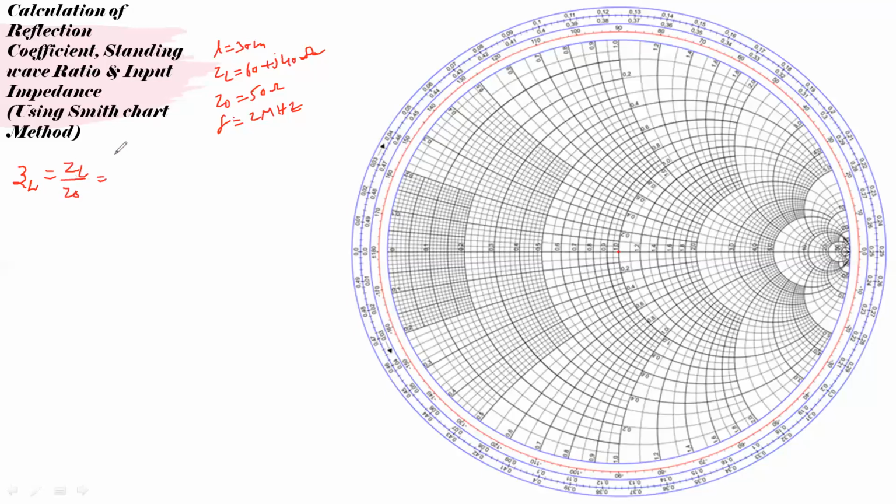If we substitute both values, 60 plus j40 divided by 50 ohms, we get 1.2 plus j0.8. This is the actual normalized load impedance value to be substituted on the Smith chart. So at any cost, don't forget to convert your load impedance value into a normalized impedance value.